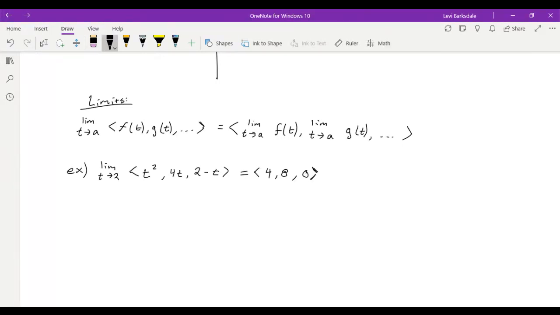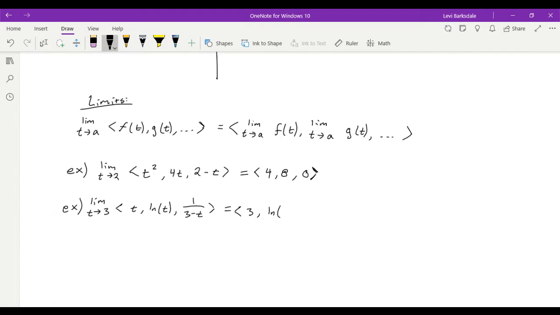If we wanted to do a bit more complicated of a limit, consider the limit as t approaches 3 of t, natural log of t, and then 1 over 3 minus t. Well, if we broke things down component-wise, the limit as t goes to 3 of just t is 3.